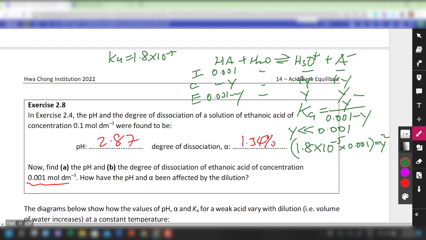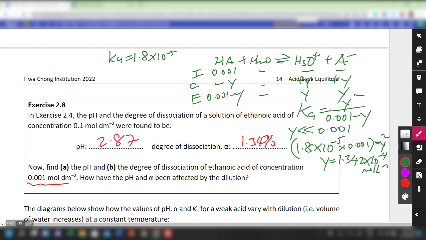Then we'll punch the calculator: 1.8 times 10 to the power minus 5 multiplied by 10 to the power minus 3, and then take the square root. So we get y to be 1.342 times 10 to the power minus 4 moles per dm cube.